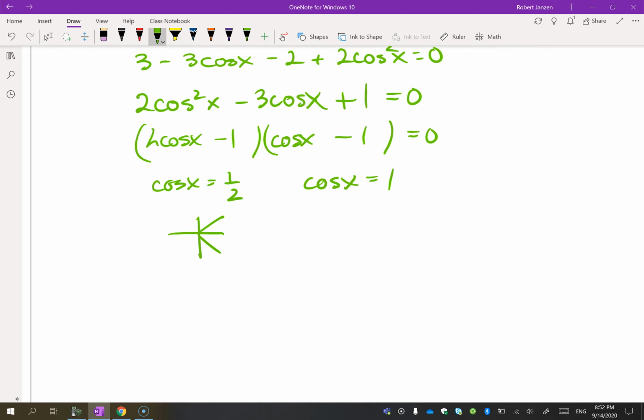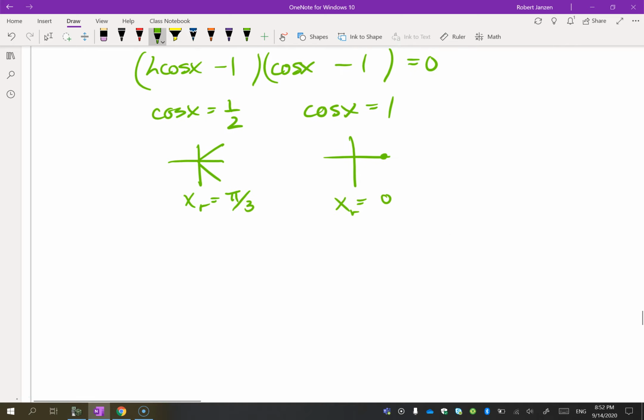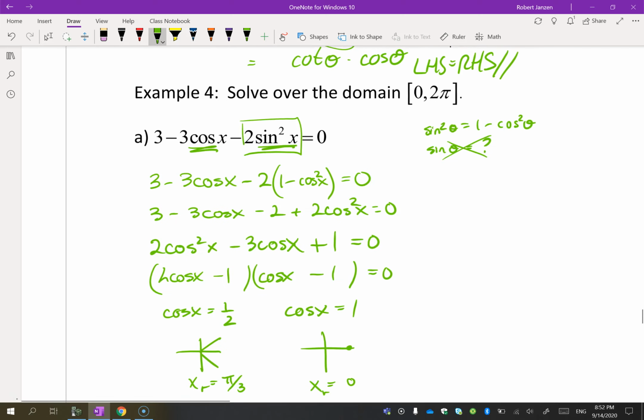This will happen here and here with a reference angle of pi by 3. Cos x will be 1. Here the reference angle is 0. So my answers will be pi by 3, 5 pi by 3, 0, and 2 pi. Okay, knowing that my answer was supposed to be between 0 and 2 pi.